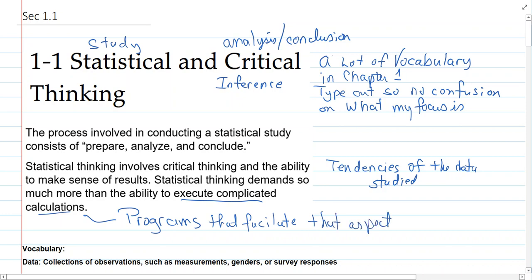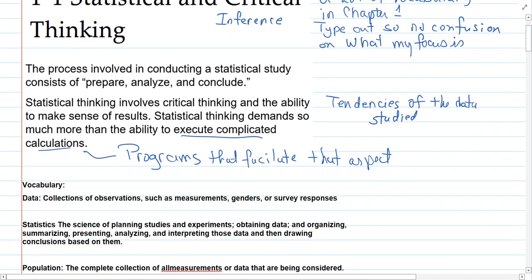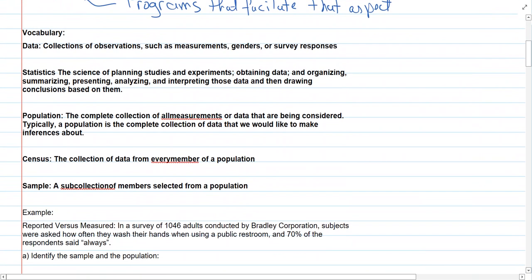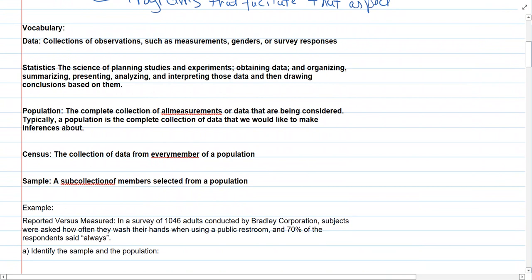So let's see what this vocabulary is going to be. You can see that the collection of observations, such as measurements of gender or survey responses, is data. Plural.